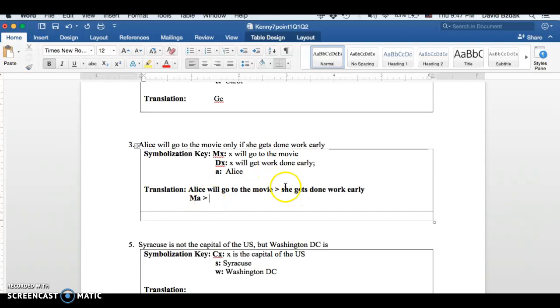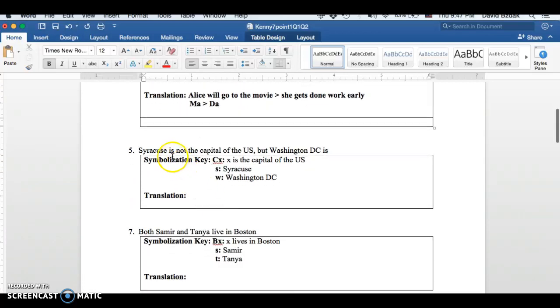Conditional. Next sentence, she gets done work early. So she again refers to Alice. So gets done work early is uppercase D and lowercase a again for Alice. So Alice will go to the movie only if Alice gets done work early.